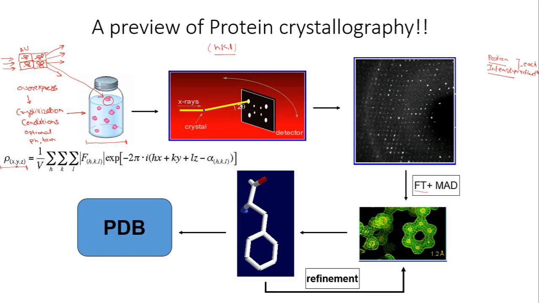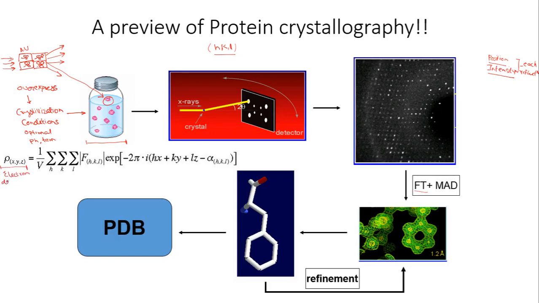So this is how you should read it. Electron densities are obtained in terms of Cartesian coordinates x, y and z for each and every atom, or you can say the set of atoms in your protein.